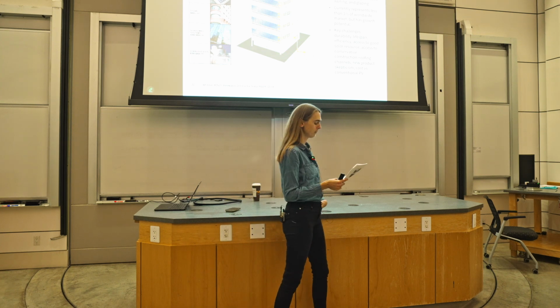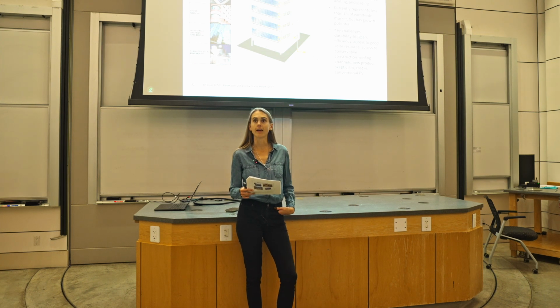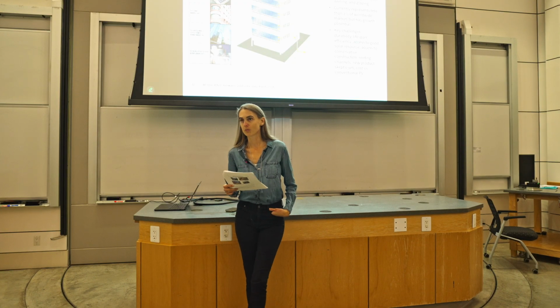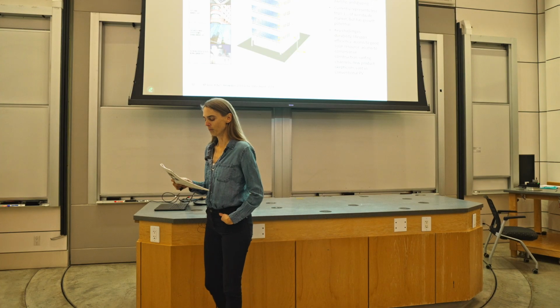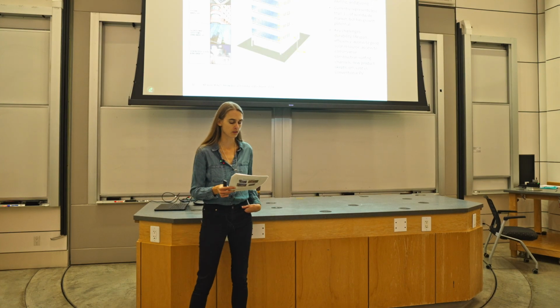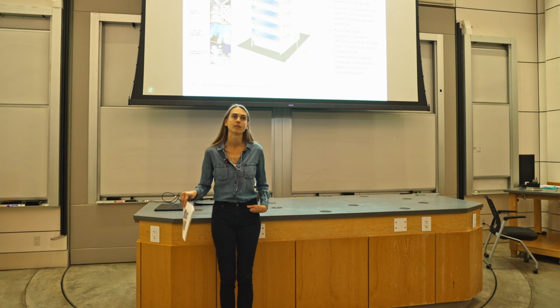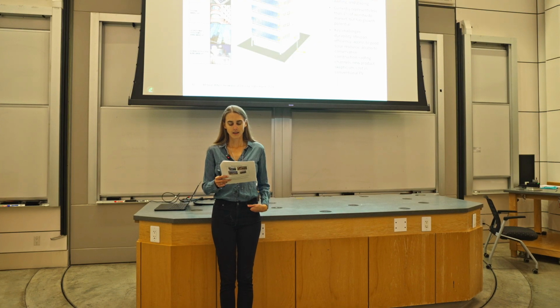So building integrated PV, it's got a huge potential market, right? Any building material that's exposed to the sun, but it's a really hard nut to crack for a variety of different reasons. Cost is certainly one, as we saw with the Tesla solar roof that was about $10,000 more than a typical solar PV project on a roof.